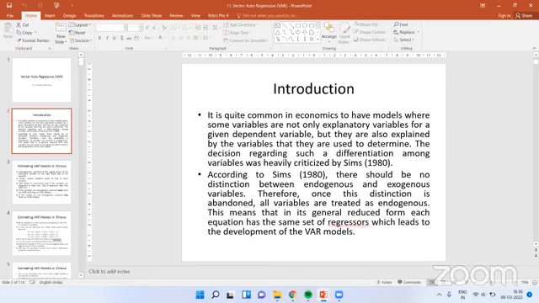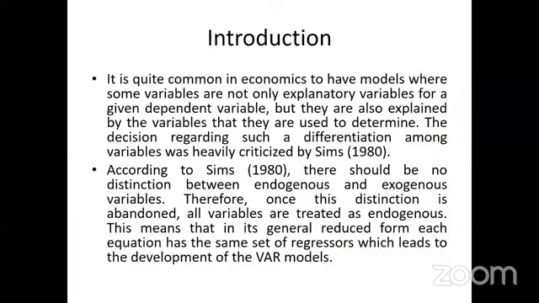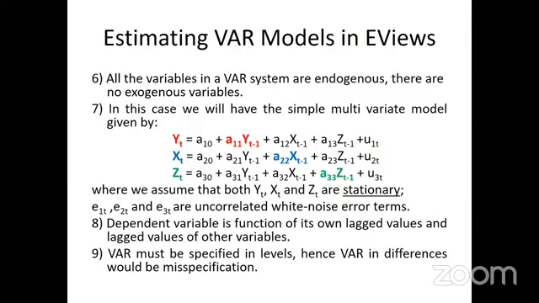Rather than making anything dependent and independent, we allow a vector approach here. It means that at one moment, yt will be the dependent variable and all others will be regressed on it. Then xt will become the dependent variable, then zt will become dependent. So this is the concept of estimating a VAR model. And here we don't have any such concept of which is dependent variable. Basically, this is a system which is running, right?